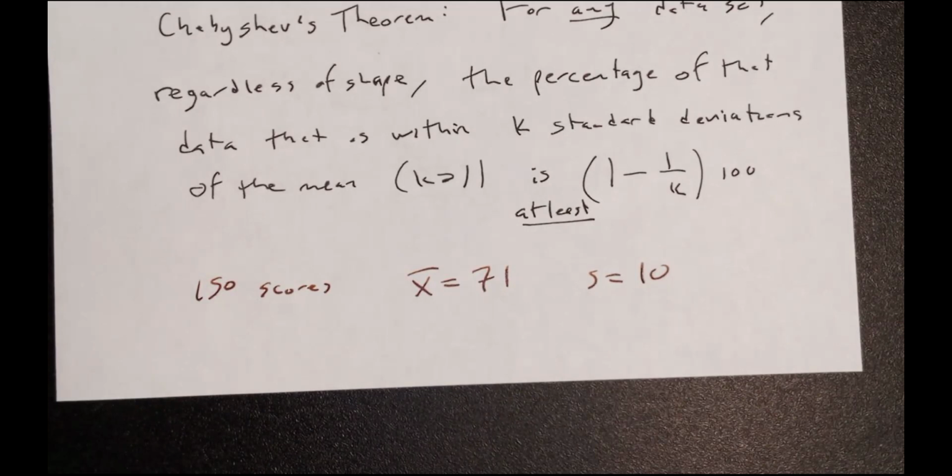Well then, what this says to me is that you can tell me roughly how many people should have a score between 51 and 91.